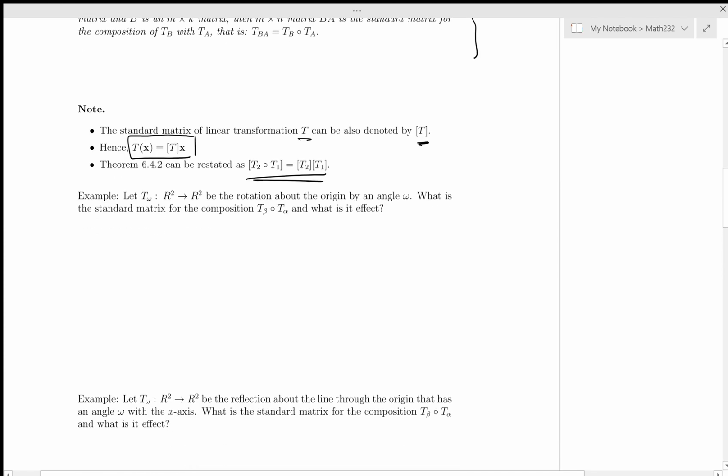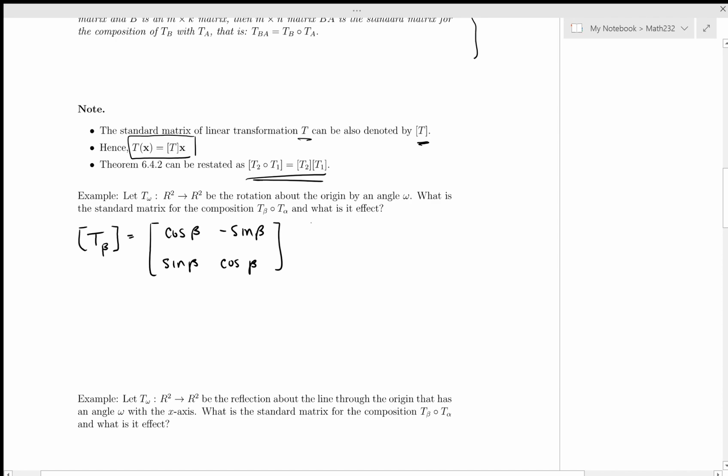If we have a linear transformation that rotates about the origin by an angle omega, and then we're going to compose two of those, what happens? So we have two of these. The matrix that encodes the rotation by angle beta is this: cos beta, minus sine beta, sine beta, cos beta.